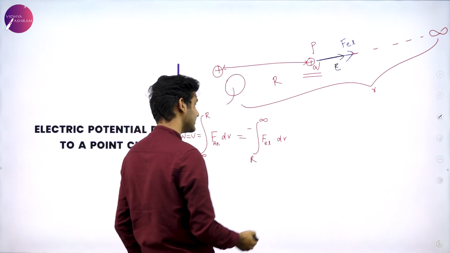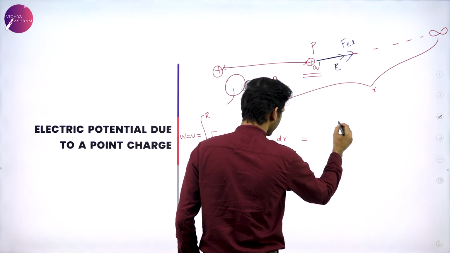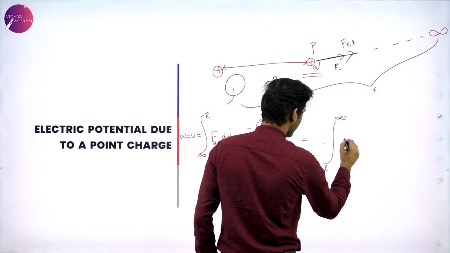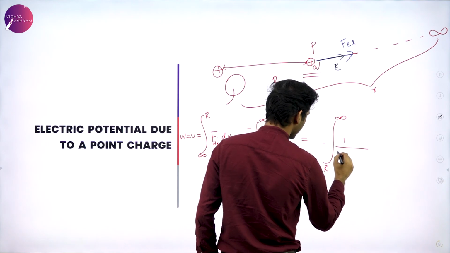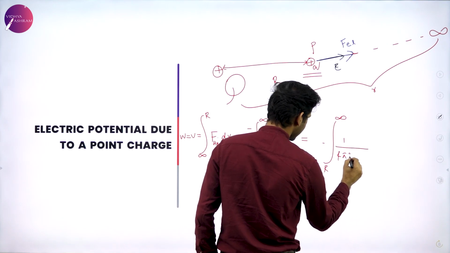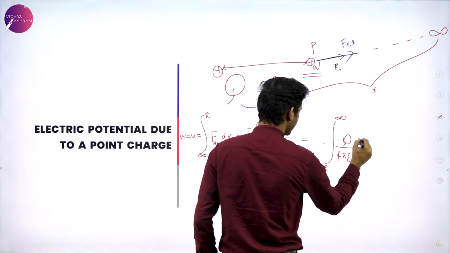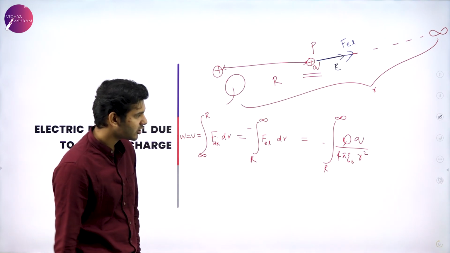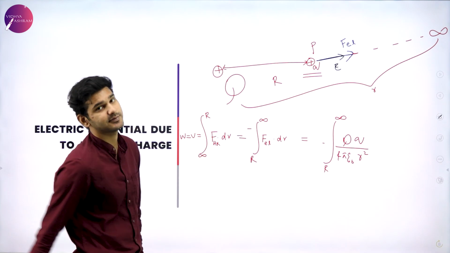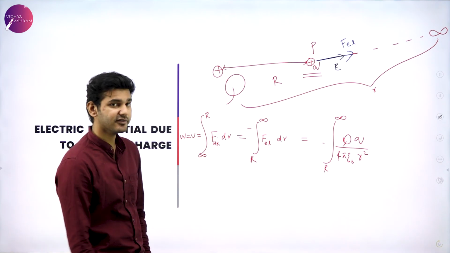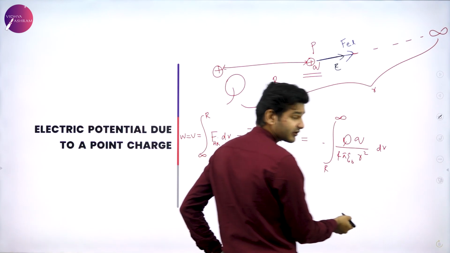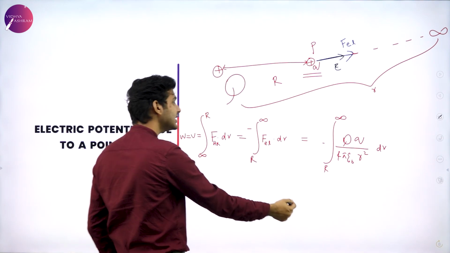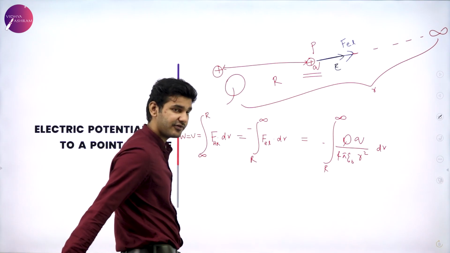So I can write this as the integral from r to infinity of 1 by 4 pi epsilon naught, q divided by r square, with capital Q and small q. Since both of them are positive, they are repelling in nature, and we put a dr in the equation and integrate this from r to infinity.